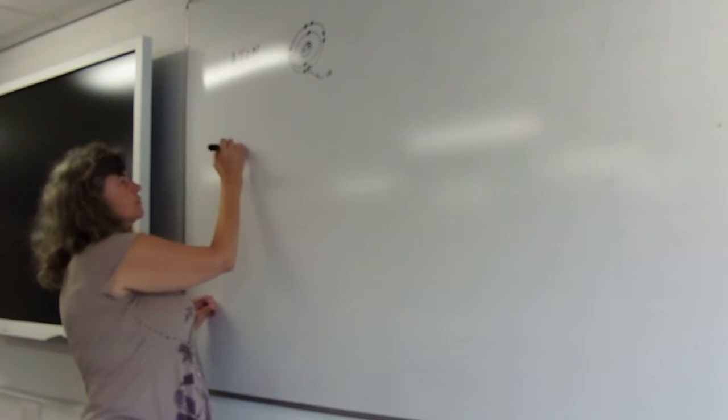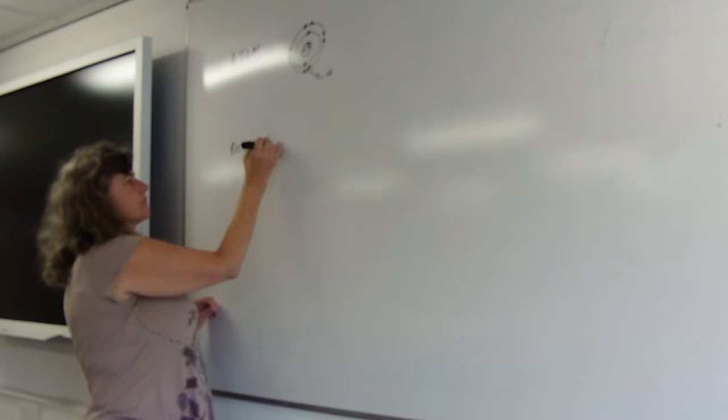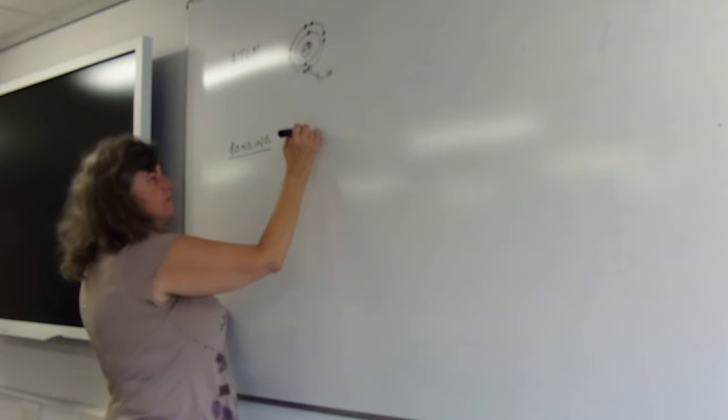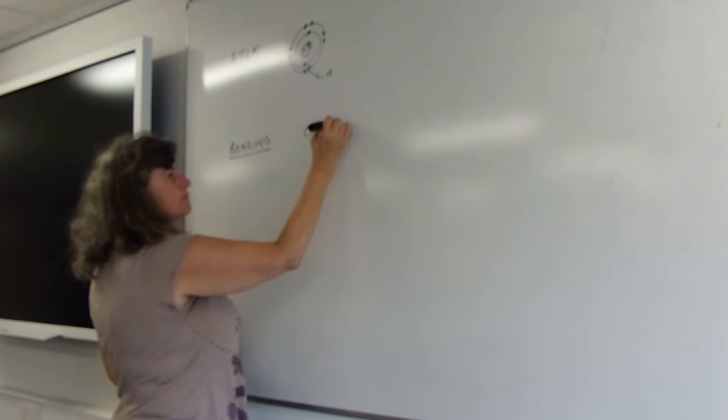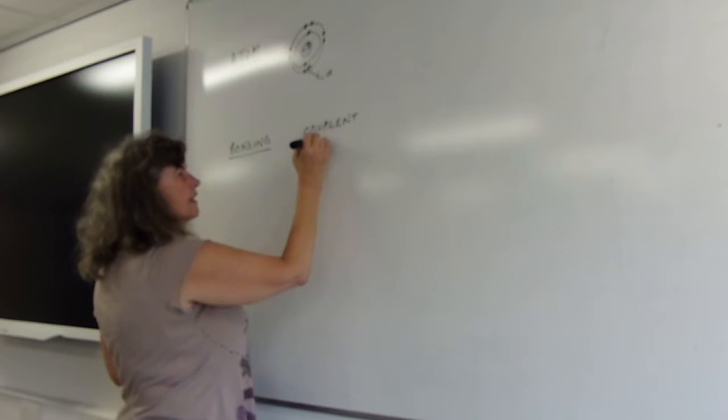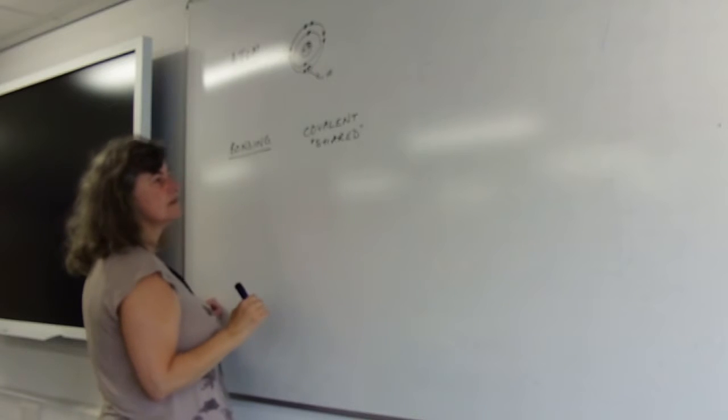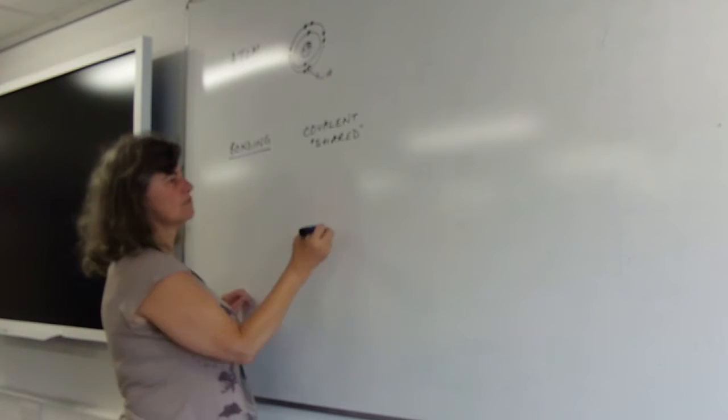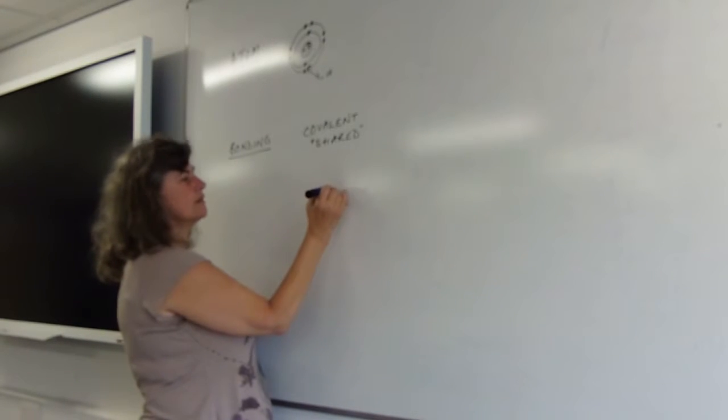So we've got 2 sorts of bonding that we're going to come across. We've got covalent bonds, and this is where the electrons are shared. So, for example, in water.